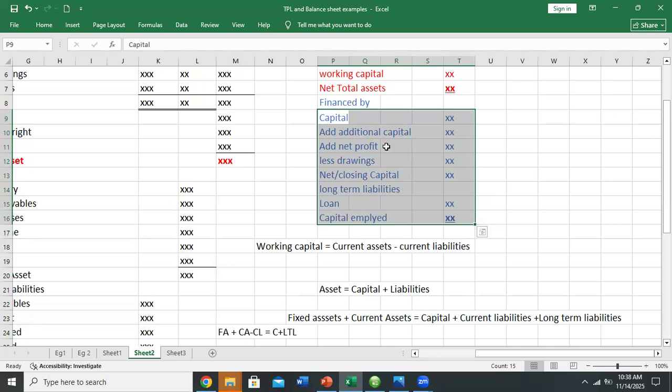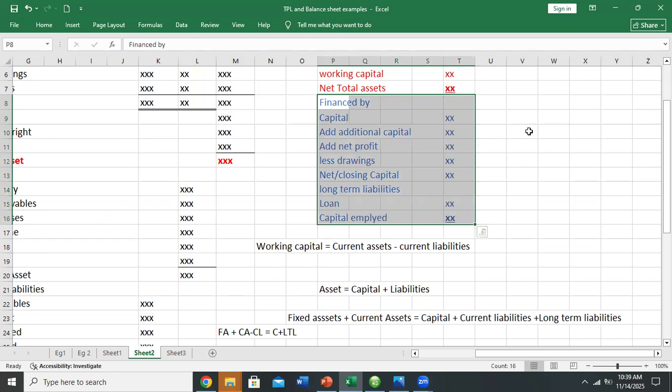But as I indicated to you, your capital would always be affected by your drawings and your net profit. So normally we bring in the capital, add the profit, because if you get profit, you add it to your capital. If the owner has made any withdrawals or drawings, we less it, and whatever we get, we add the long-term liability. So that is the second section of the balance sheet, the finance by.